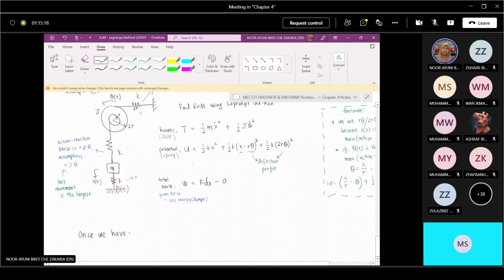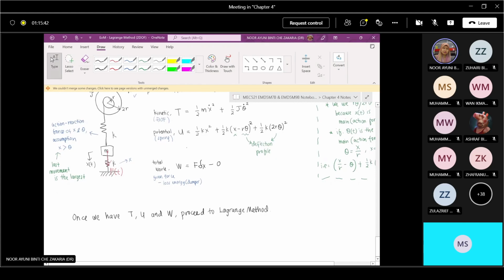Once we have T, U, and W, then proceed to Lagrange. Baru kita sambung kepada Lagrange. So, energy method is easier because you don't have to draw the free body diagram which you biasanya tak tahu anak panahnya ke mana, arrownya ke mana.